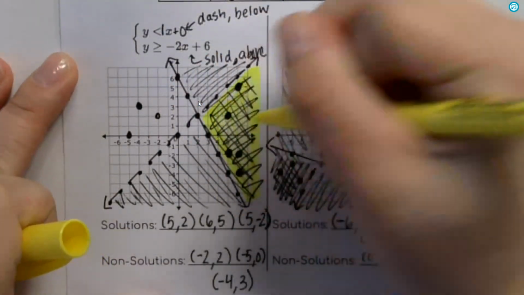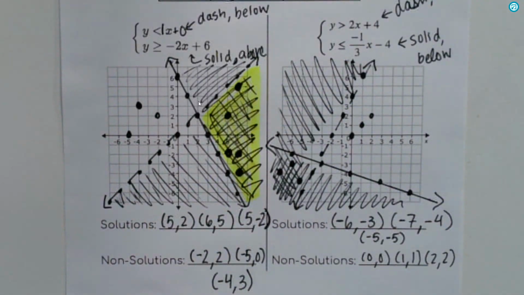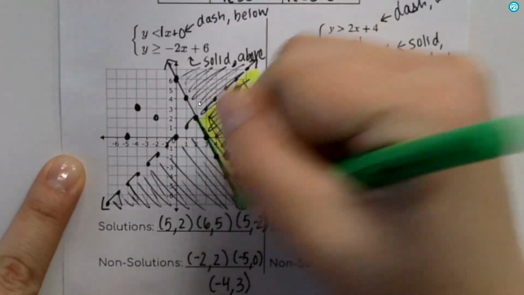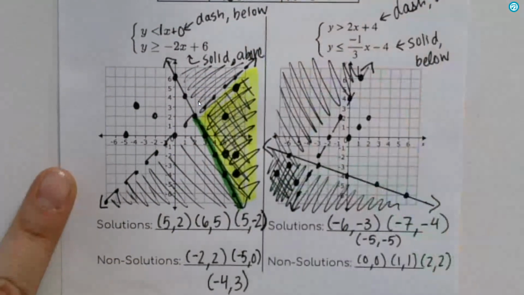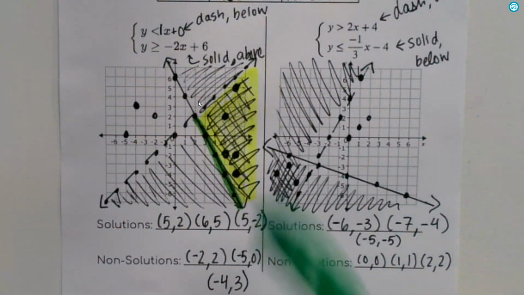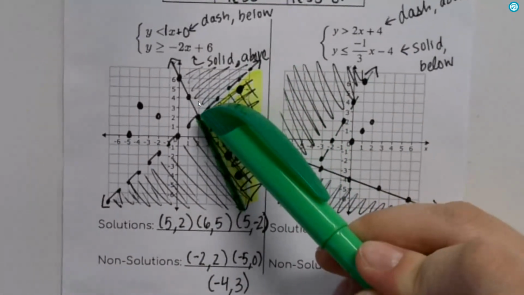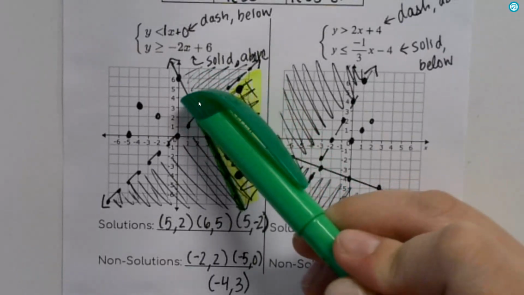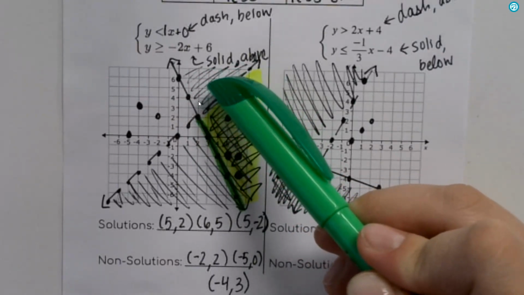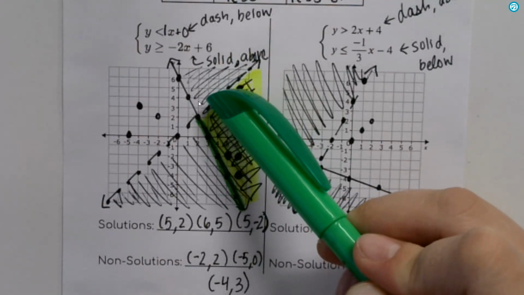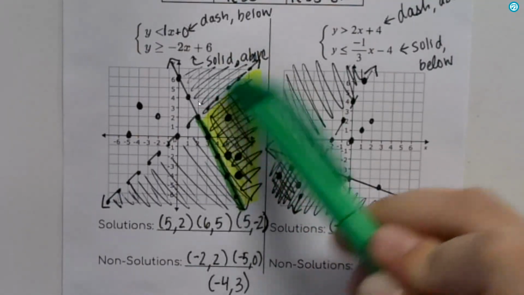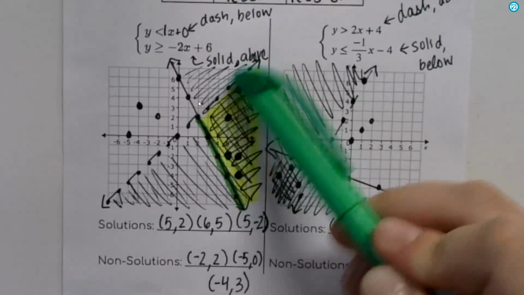So all of that is a solution. These points that are along this solid line would also be solutions because they're along a solid line. These points that are along this dashed line are not solutions, because this one you would have to be less than this line, not less than or equal to.